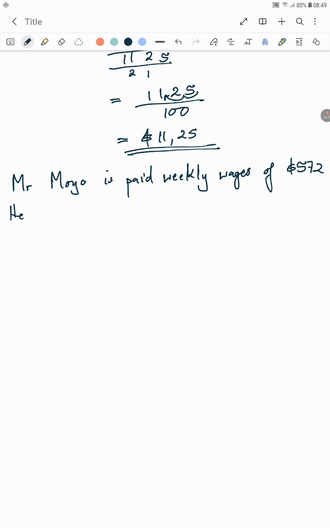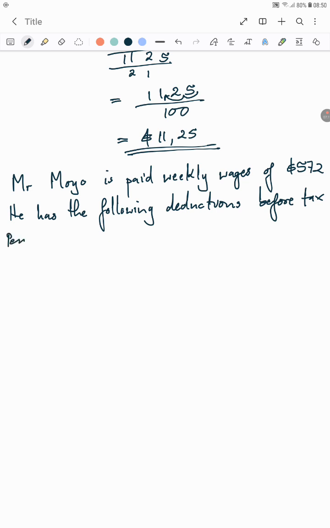He has the following deductions before tax: pension, which is $3.62, medical aid, which is equal to $6.71, insurance, which is equal to $2.76.